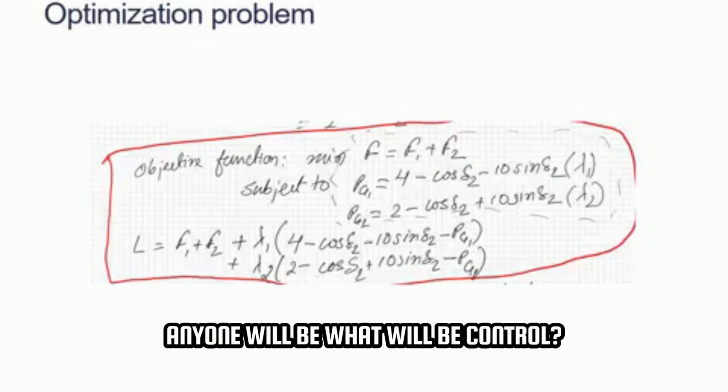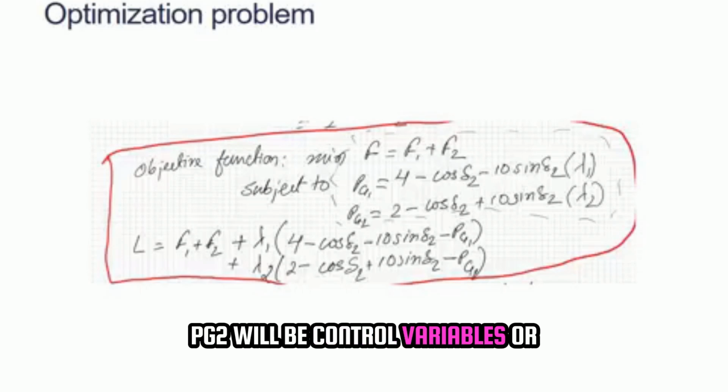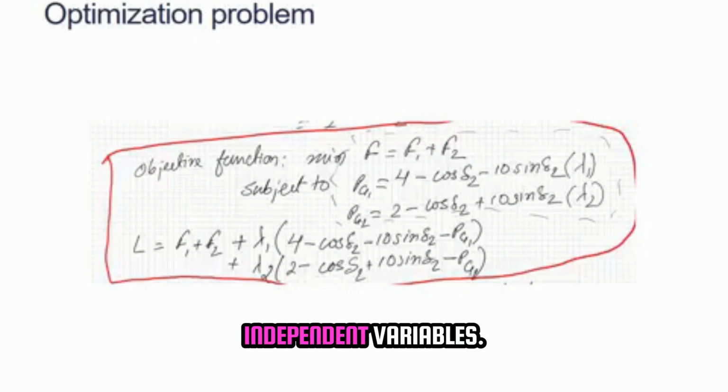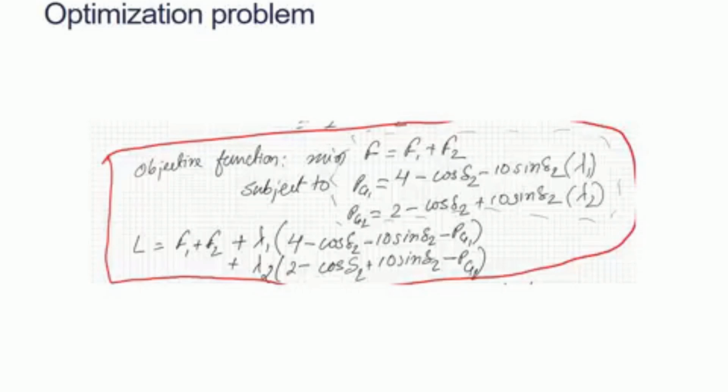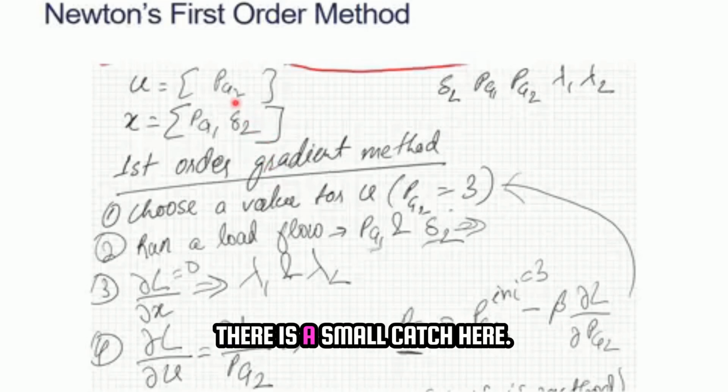Anyone? PG1 and PG2 will be control variables or dependent variables? Independent, right? Yes.